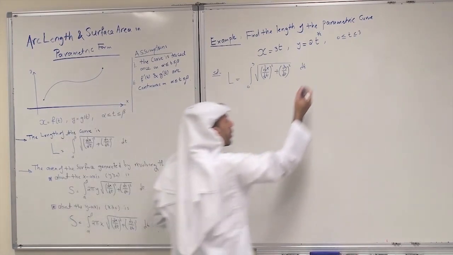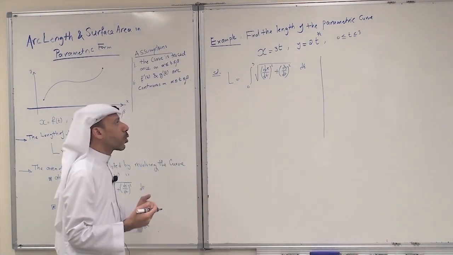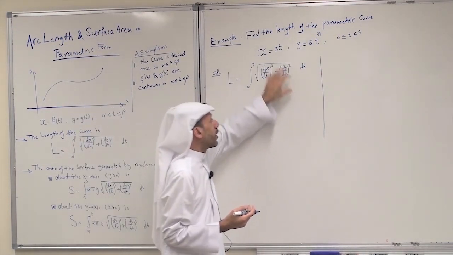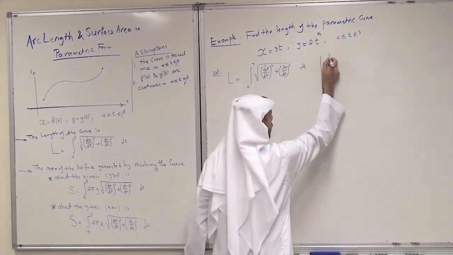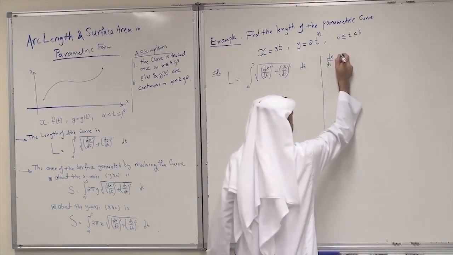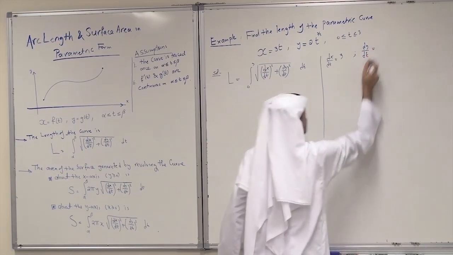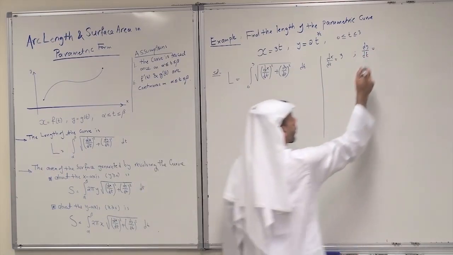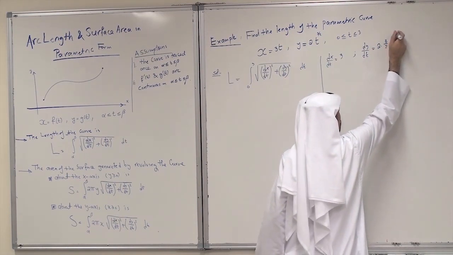Always, to make the solution more organized, it is preferable to find the root in the margin. So first find the derivative. So this is dx/dt equals 3, and dy/dt. When you differentiate, we get 2 times 3/2 t to the power 1/2.